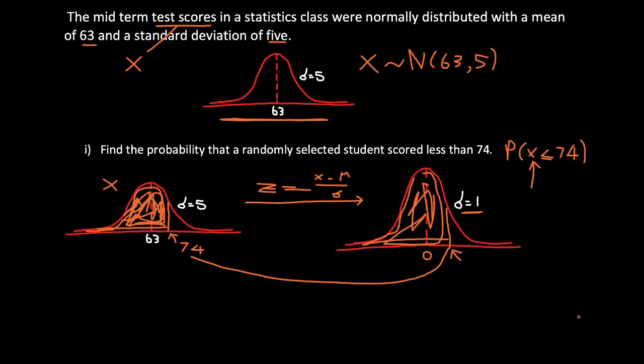Now, how do we find this number? Just use z equals x minus mu over sigma. X is 74 in this case, mu equals 63 and sigma equals 5. So this equals 2.2. Therefore, this number should be 2.2.